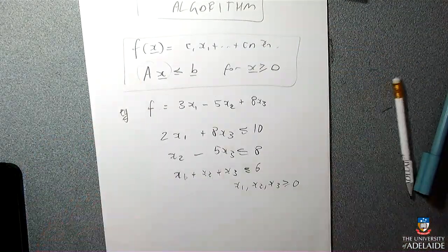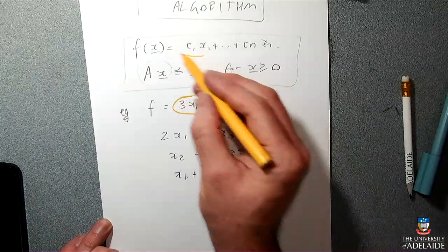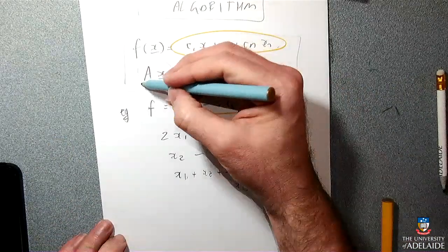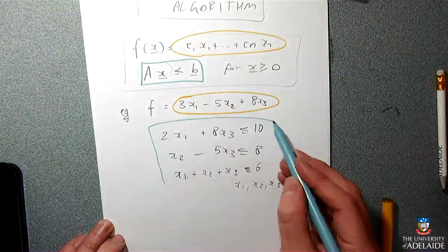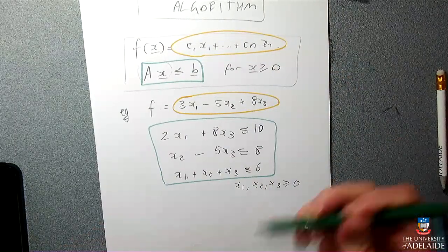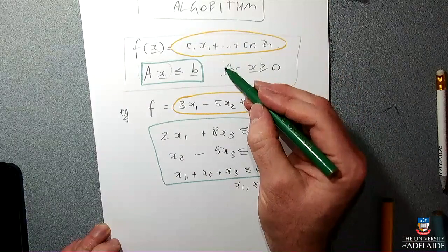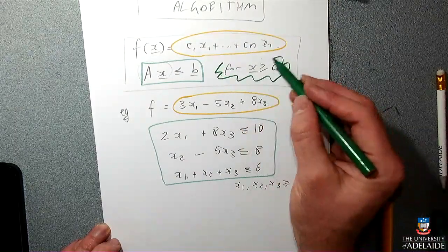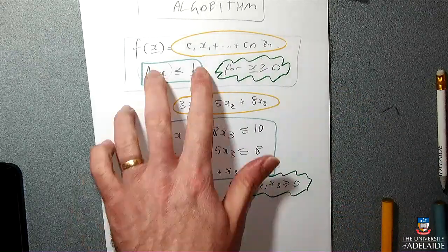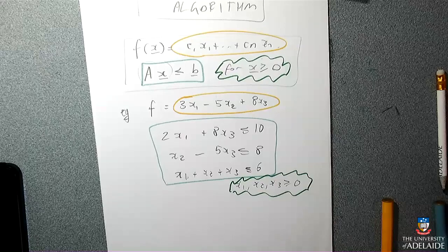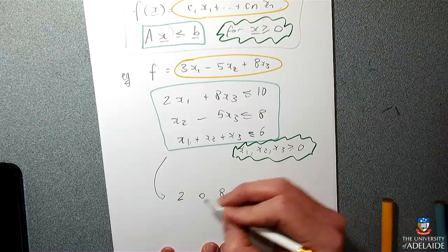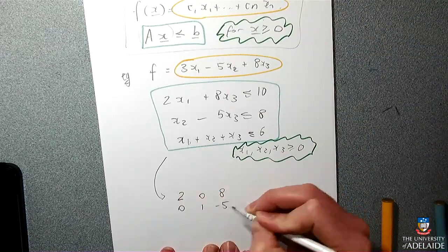So this bit here, that's this. And this bit here, that's this, and this bit here, that's here. And the way that this makes this is that I think this is the same as 2, 0, 8, 0, 1, minus 5, 1, 1, 1.